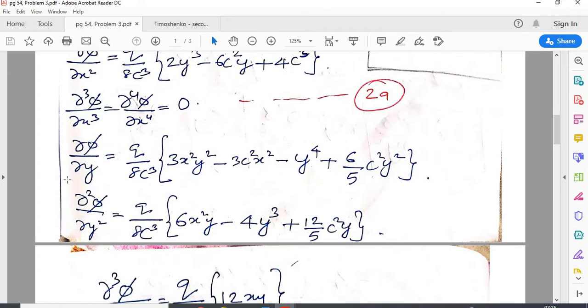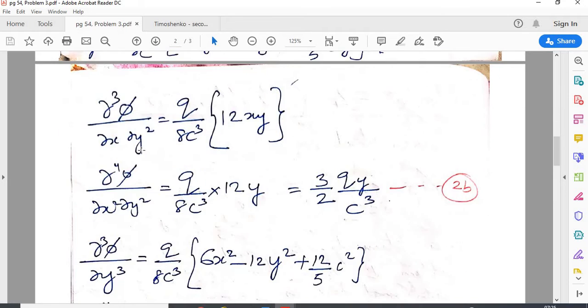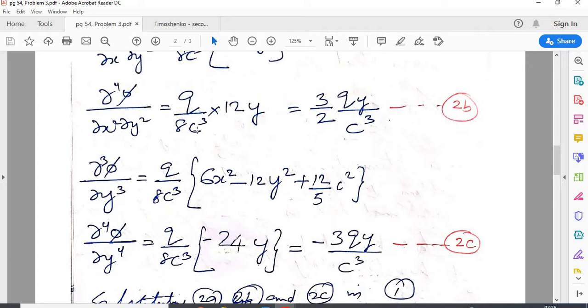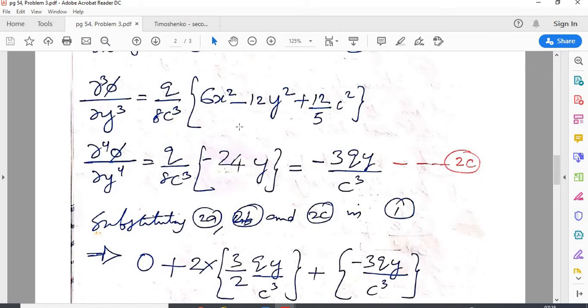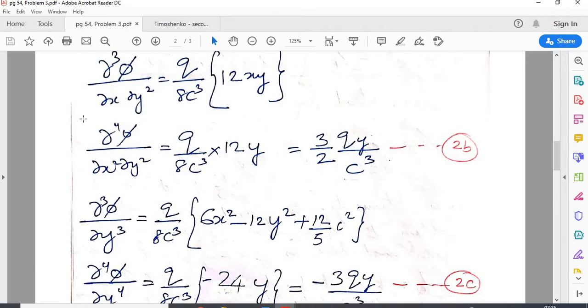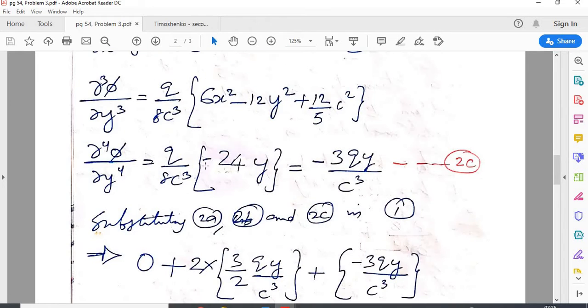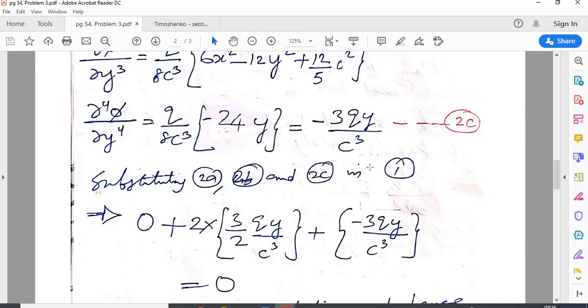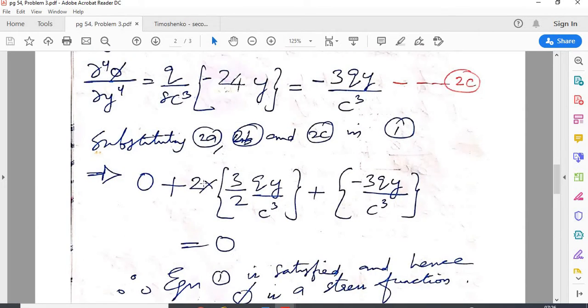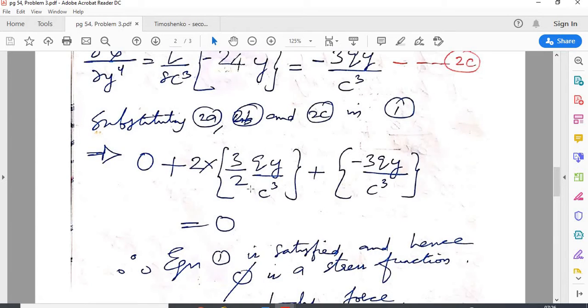Then del raised to 4 phi by del x square del y square is 3 by 2 q y by c cube, and del raised to 4 phi by del y raised to 4 is q by 8c cube into minus 24y, which is minus 3 qy by c cube. So if you substitute it in the compatibility condition, you can see that it is identically coming to 0.